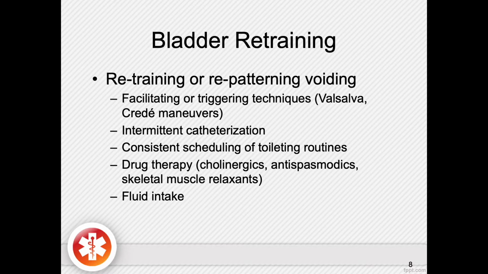There may be consistent scheduling of toileting routines, in other words, simply providing toileting to the patient and reminding them they need to go. There could be drug therapy involved, including but not limited to things like cholinergics, antispasmodics, and skeletal muscle relaxants, and carefully monitoring the patient's fluid intake.